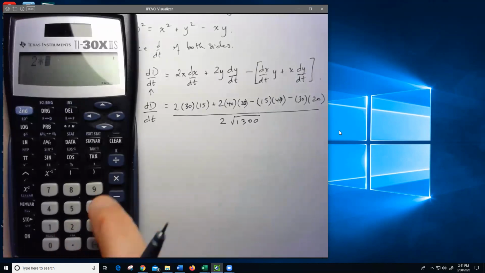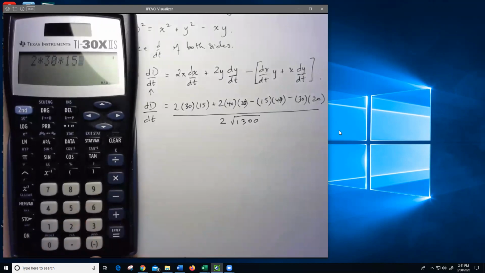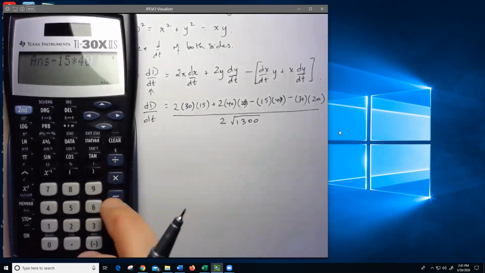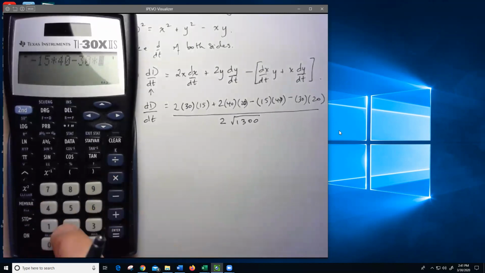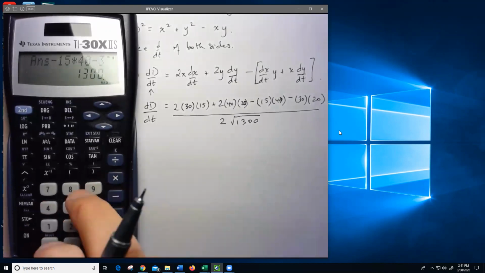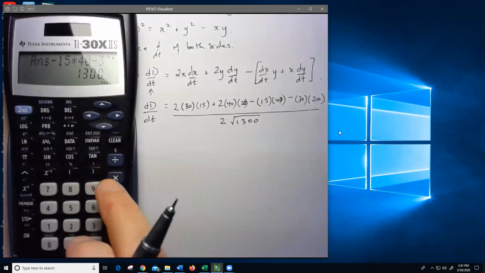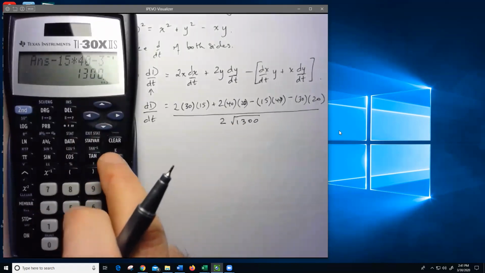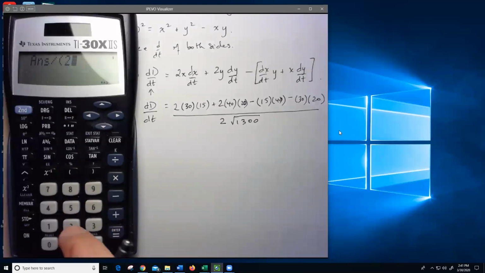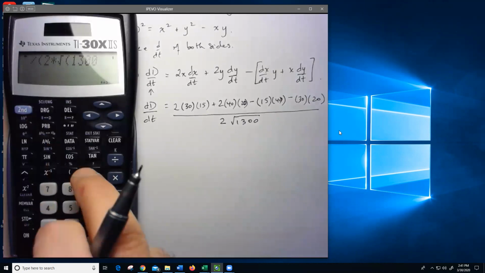So 2 times 30 times 15, plus 2 times 40 times 20, minus 15 times 40, minus 30 times 20, and then divided by, actually this would work out pretty nicely, divided by 2 times square root of 1300.